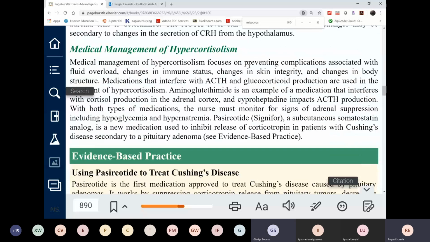Let's go to management now. Drug therapy we will skip because drug therapy is only used short term, and by short term, only in preparation for surgery, because the patient with Cushing's disease will need surgery in order to have a permanent treatment, unless the patient just wants to stay like this forever.